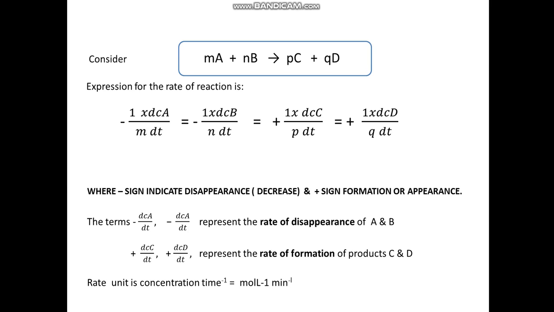The terms minus dCA by dt or minus dCB by dt represent the rate of disappearance of A and B, while plus dCC by dt and plus dCD by dt stand for the rate of formation of the products C and D. The unit of rate is generally concentration into time inverse, or concentration per time, that is moles per liter into minutes inverse, mole liter raised to minus 1, minutes raised to minus 1.